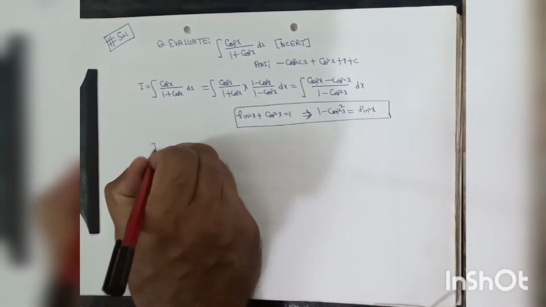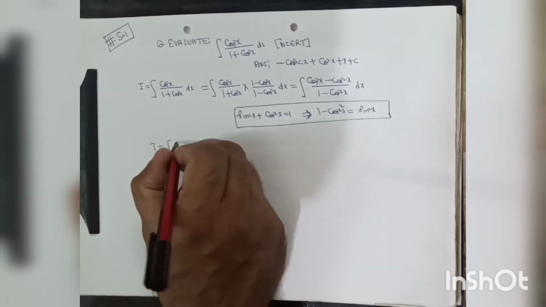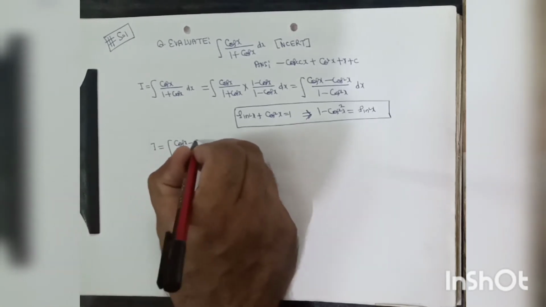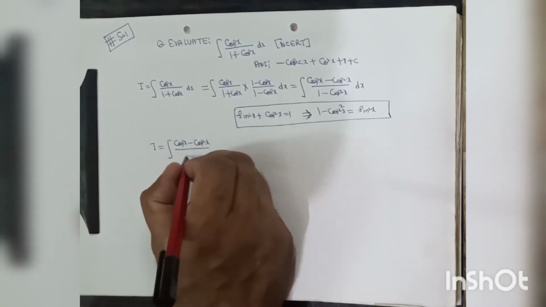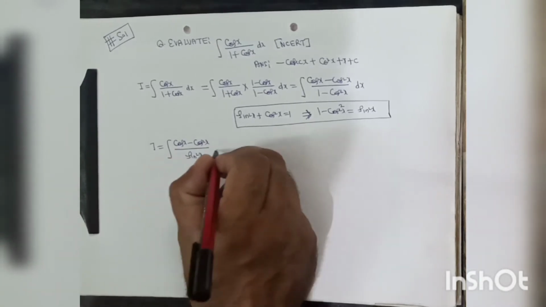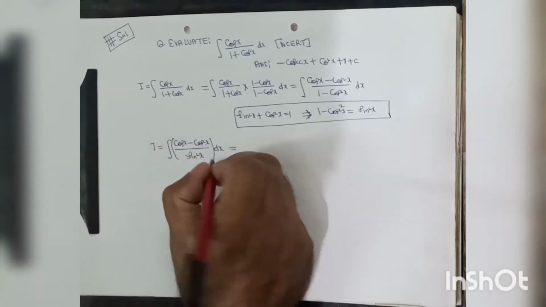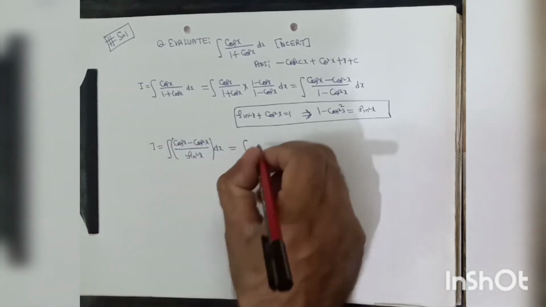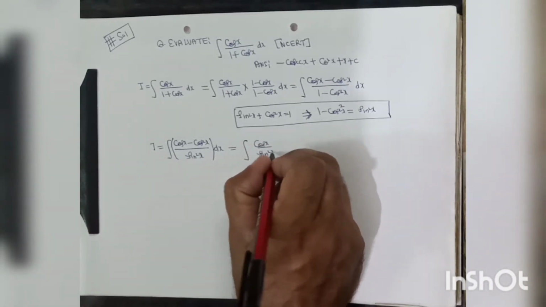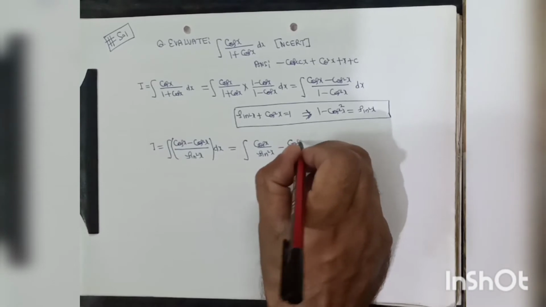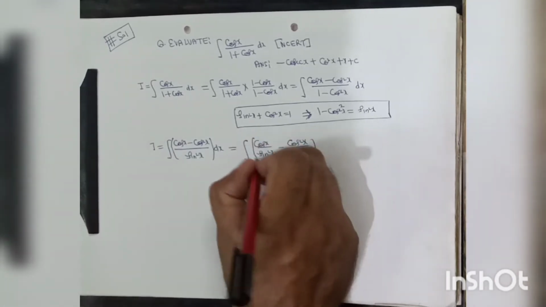So this may be written as cos x minus cos square x, in place of 1 minus cos square x I am putting sin square x dx. So this can be written as the integration of cos x divided by sin square x minus cos square x divided by sin square x dx.